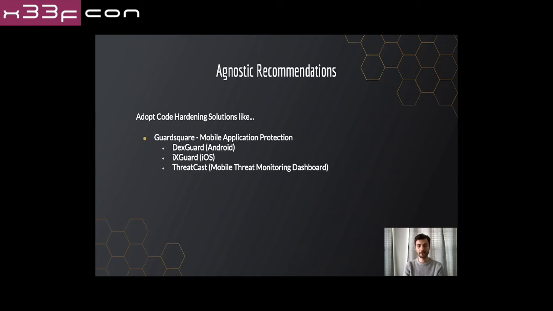But it's very important to consider that these government bodies who should actually be employing robust security controls to protect their user base should be using a code hardening solution. Code hardening solutions, like some of the ones that I'm about to recommend, will actually allow you to implement robust security controls in a very short amount of time.